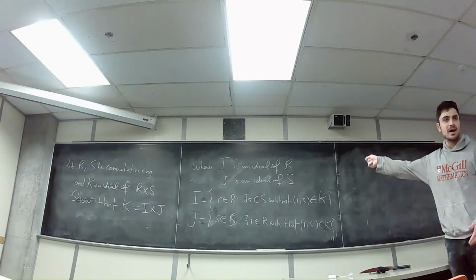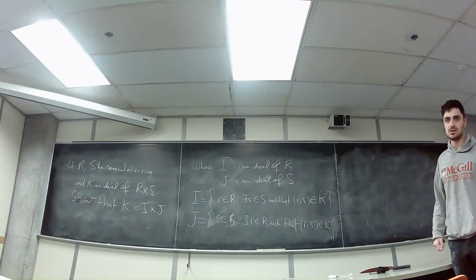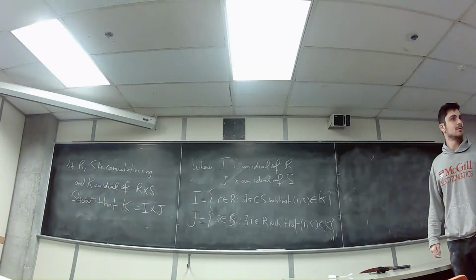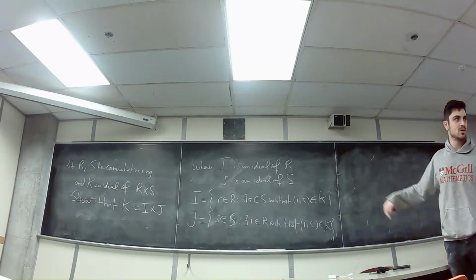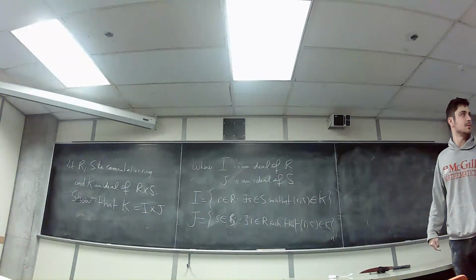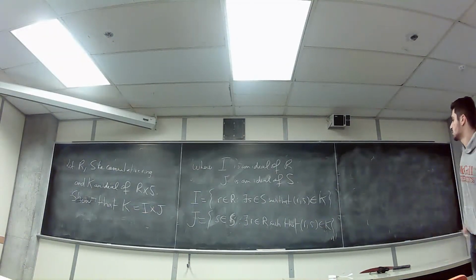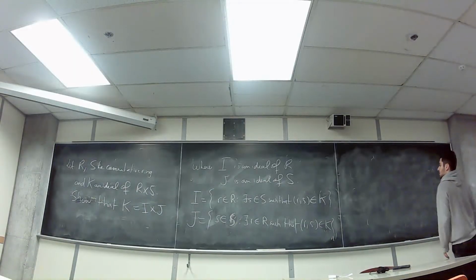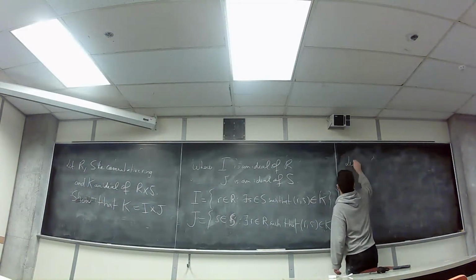If I show I is an ideal, then by the same argument J will be an ideal. Let's show it.